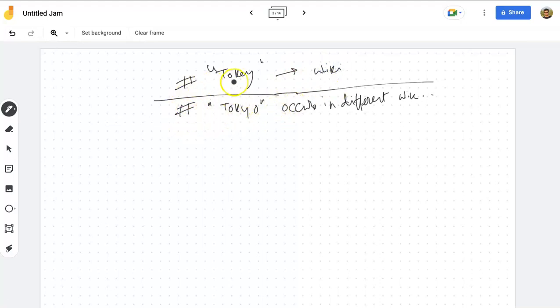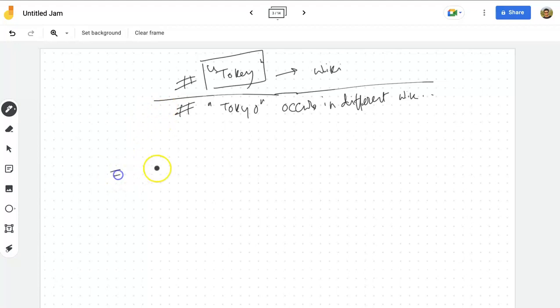Basically, the numerator is the number of times the word Tokyo connects to some other Wikipedia article, and the denominator is the total number of times this Tokyo is present in Wikipedia articles. So the denominator is the number of times it connects to some Wikipedia article, plus the times it does not connect. So the denominator is kind of a regularization.